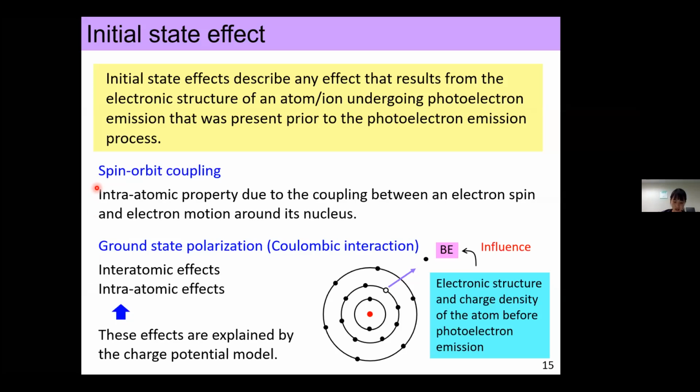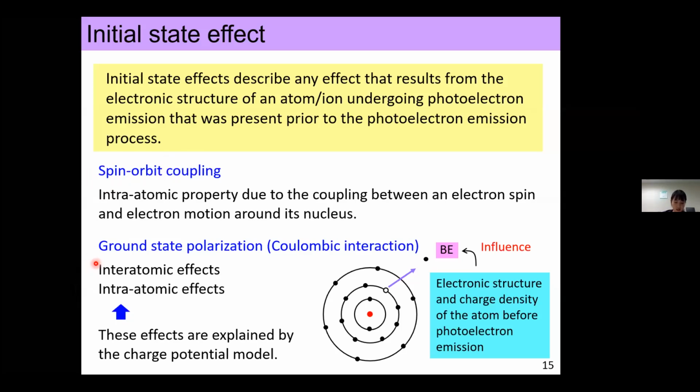Spin-orbit coupling is an intra-atomic property due to the coupling between electron spin and electron motion around its nucleus. Since I already explained this one before, I won't say it here.